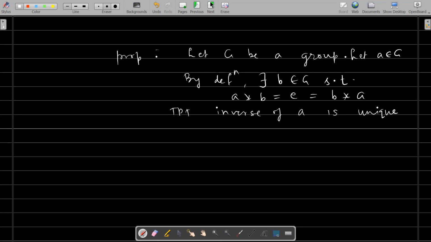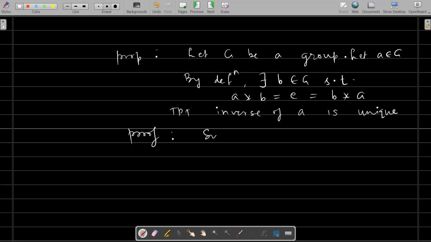Yes, sir. By definition, A star B is equal to E, which is equal to B star A. Then we assume that there is another inverse of A, which we name B dash.